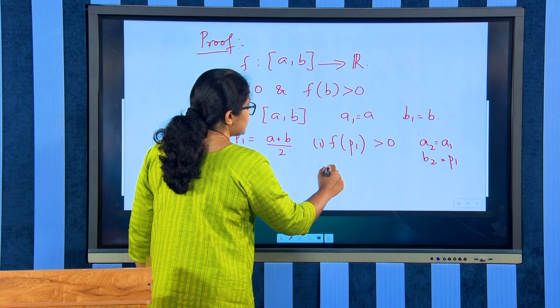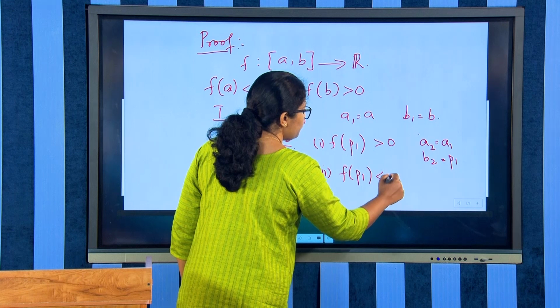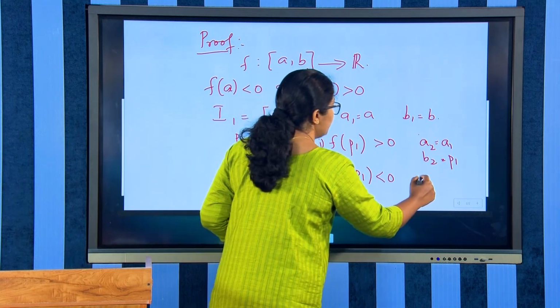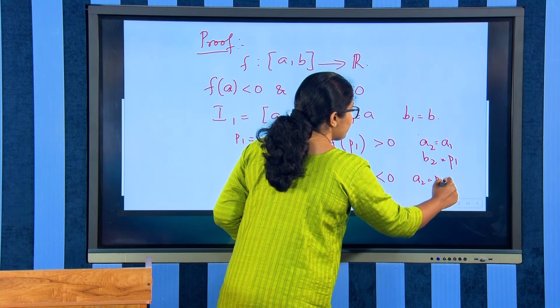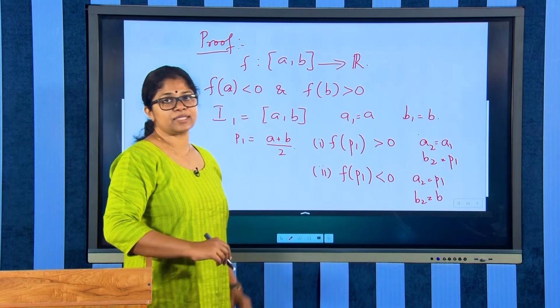And the second case is, if f of P1 is less than 0, we will shift to the next value A2 to be equal to P1 and B2 we will retain as our B itself.